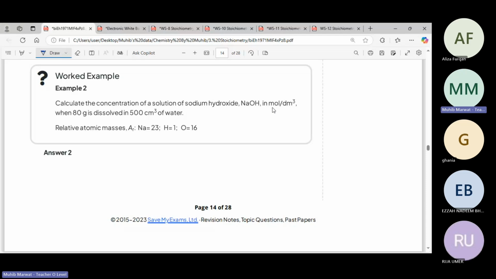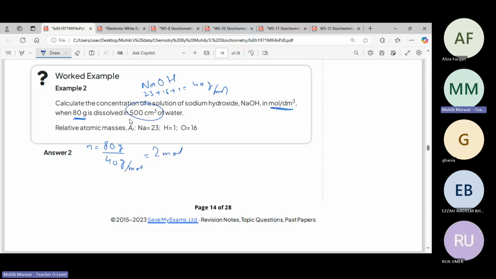Then you'll have to find concentration in moles per dm cube. You have been given mass in grams. So first of all, we are going to convert this mass in grams into number of moles. The molar mass of sodium hydroxide is 23 plus 16 plus 1, equals 40 grams per mole. So just divide it by 40 grams per mole. The answer will be 2 moles.